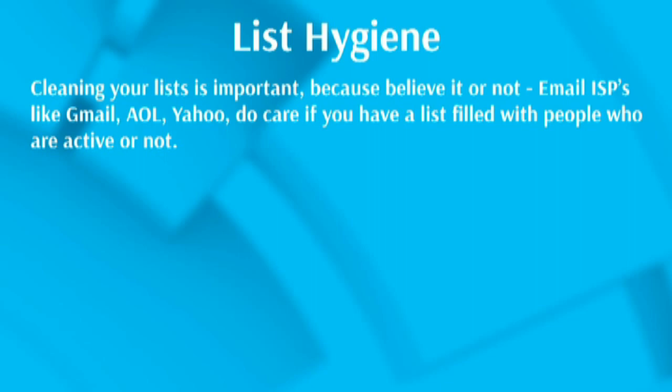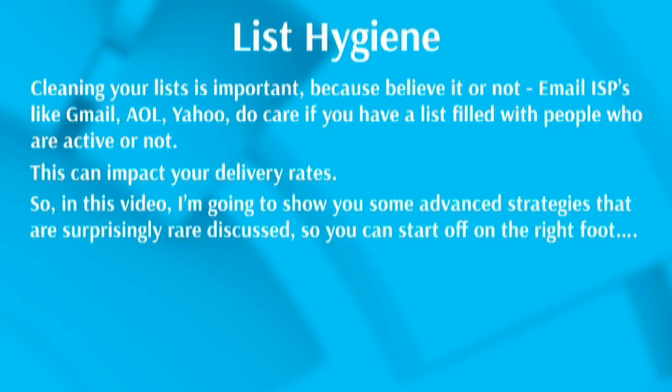So even if you have 900 people on there that are not fake, because the ESP or email service provider sees you as a spammer, they may not allow those 900 emails to even get to your legitimate subscribers, if that makes sense. So how do you go about doing that by using GetResponse?